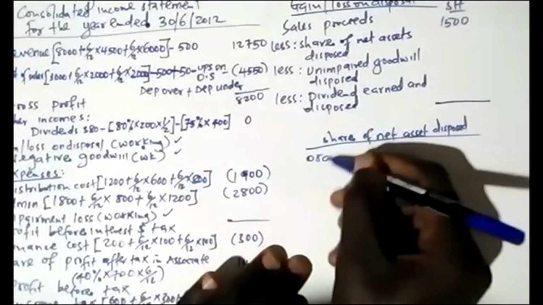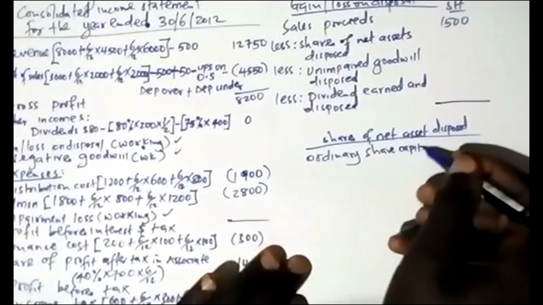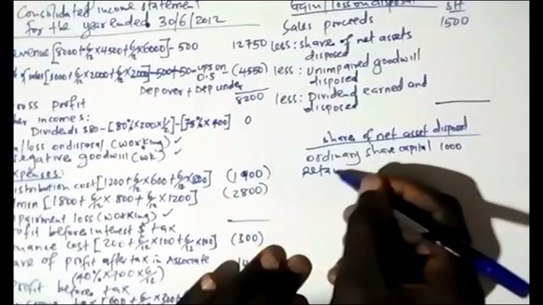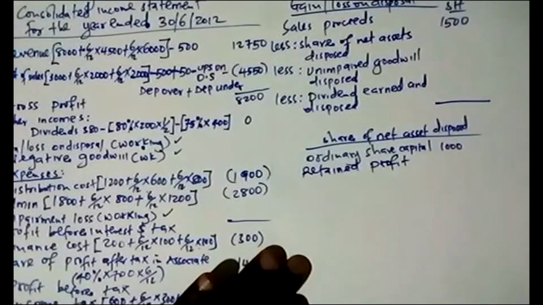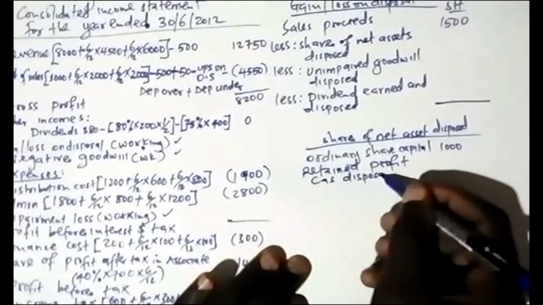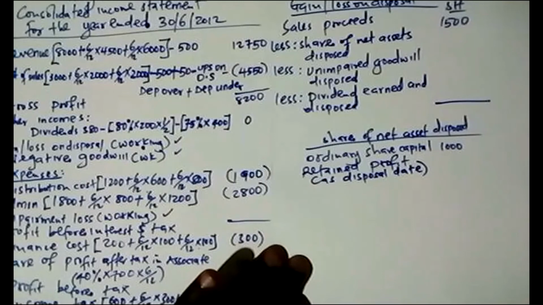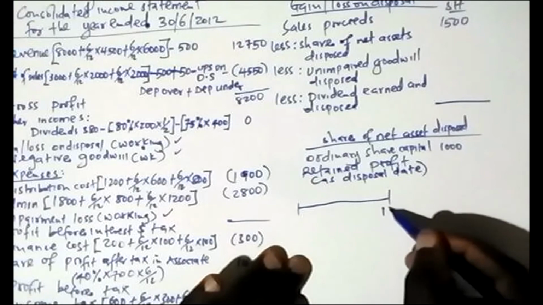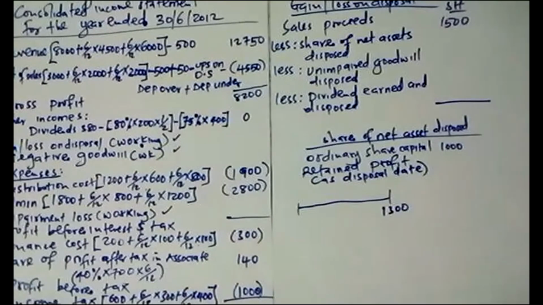So ordinary share capital is 1,000. Then retained profit. I cannot take the 3,000 direct because this one must be as at disposal date. Your retained earnings must be as at disposal date. So the one which you are given is at the end of the year, 13,000. It was 13,000 or 3,000.